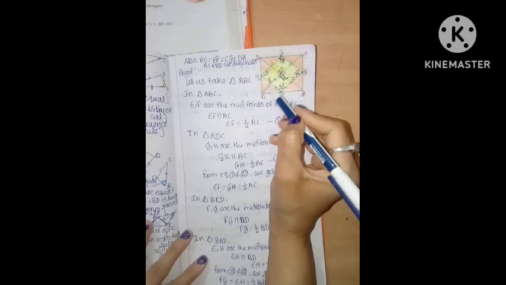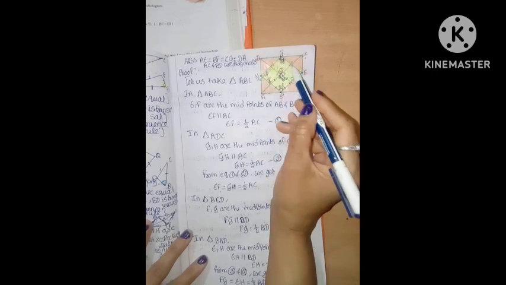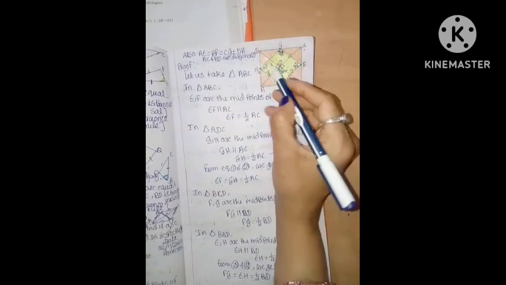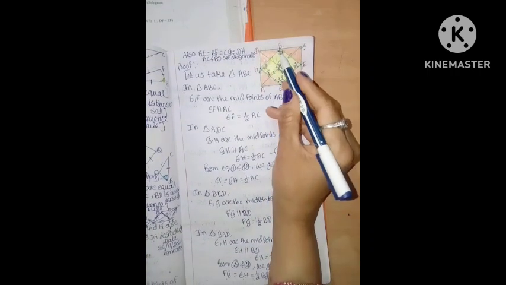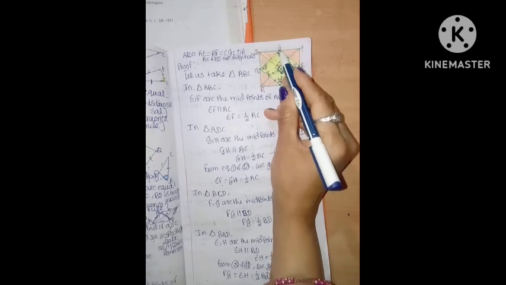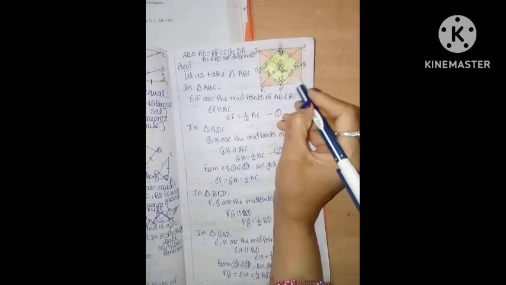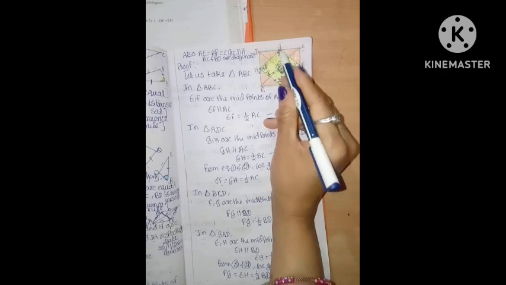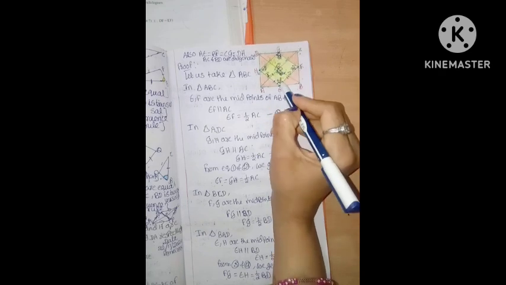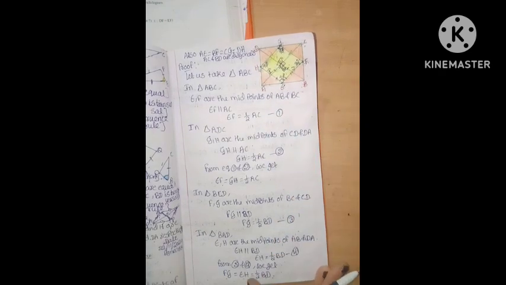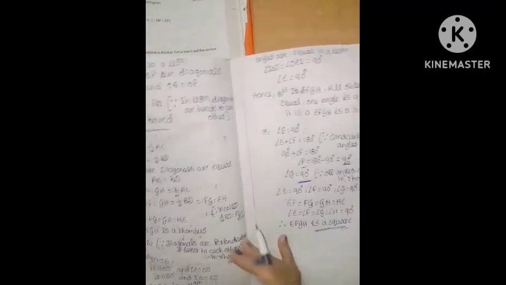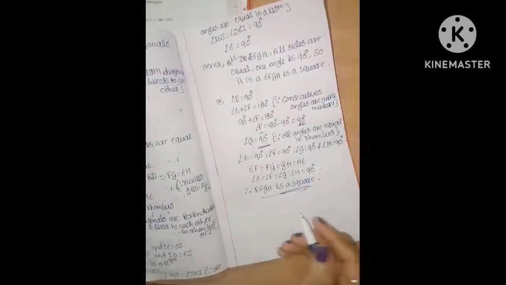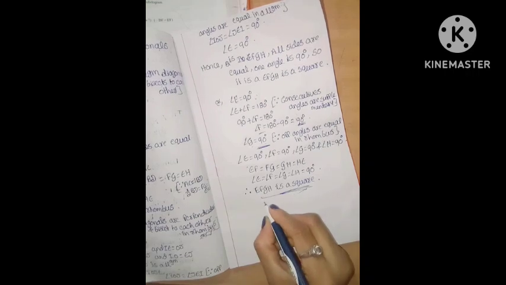This is the square, and inside the figure we will also get a square. If the midpoints of a square are joined, then again we will get a square. That is a very important thing. This is the proof. It's over.